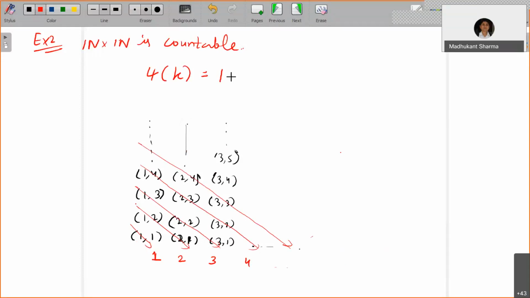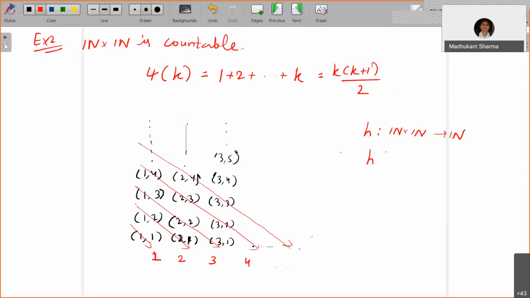So in general it is 1 plus 2 plus and so on plus k, which is k into k plus 1 by 2, the sum of k natural numbers. So this is the total number of elements in the first k diagonals. Now we are going to define a function h from N cross N onto N as follows.